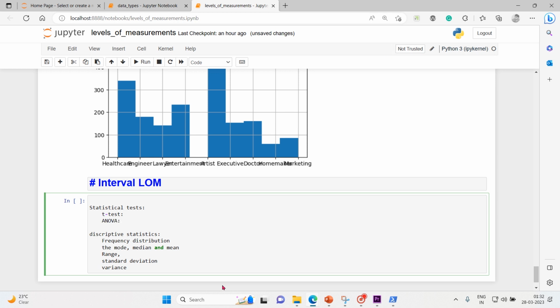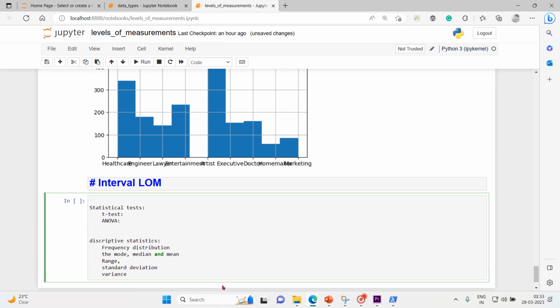ANOVA is used to compare the mean values across three or more samples of data. For example, what is the difference in the average IQ score for 40 to 50-year-olds living in London, Leeds and Birmingham? So total 3 categories. It will be comparing between 3 or more samples of data. If it is 2 samples of data, we will use the t-test. If it is more than 2 samples, we use ANOVA.